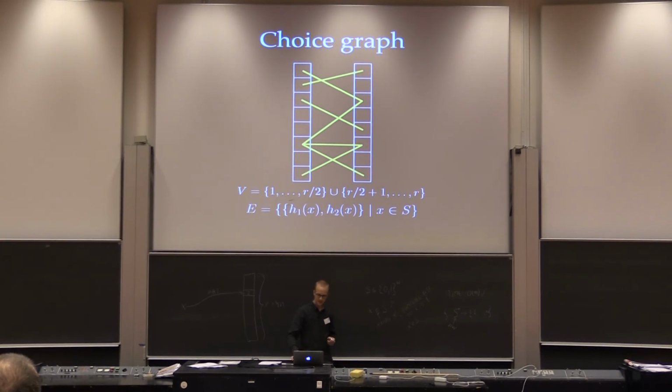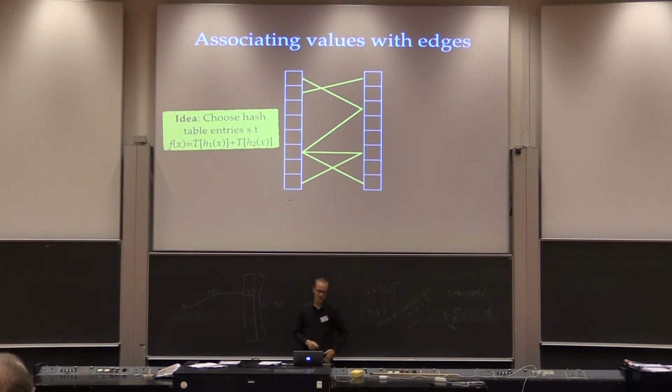So now the idea here is to choose hash table entries such that to get a particular value, we just compute the hash values and we look up the corresponding entries and add them up. Okay, so does this work? Let's try on this graph.